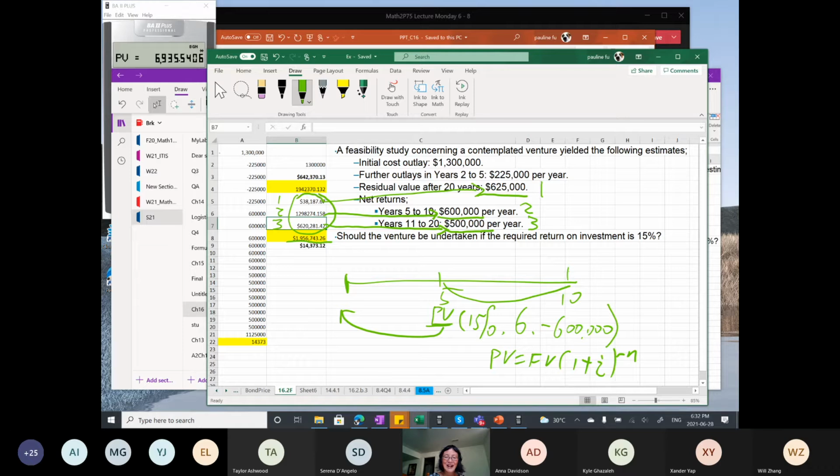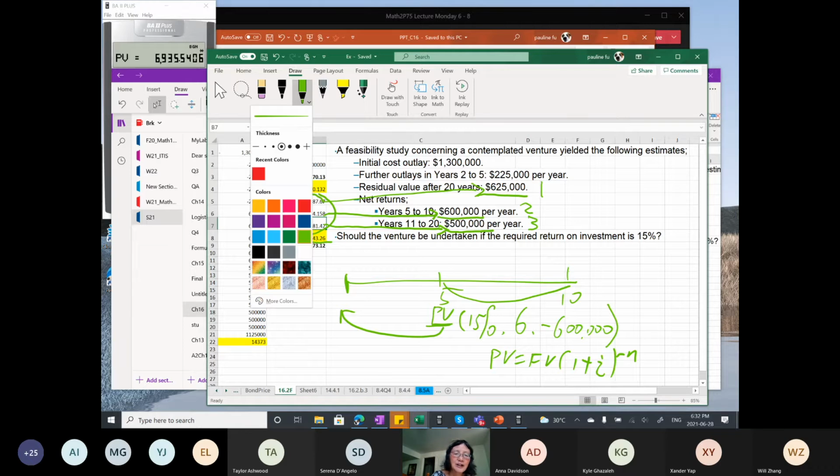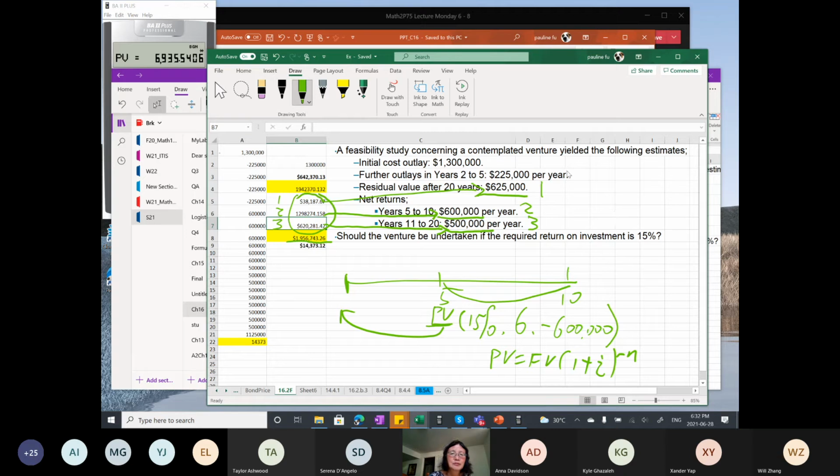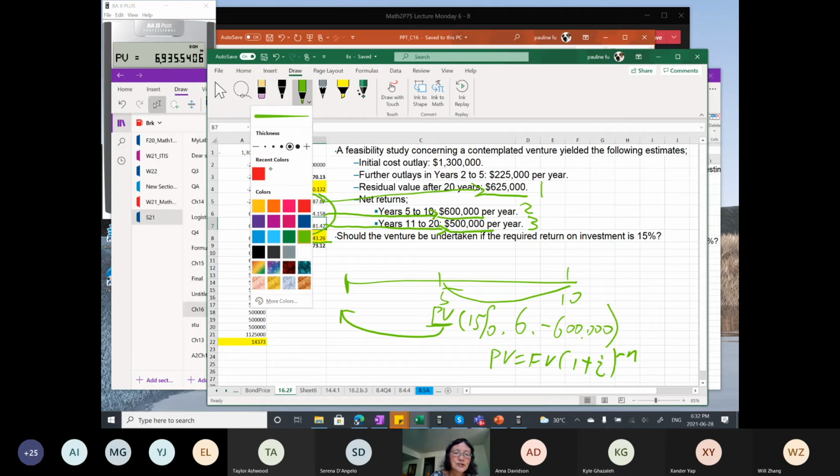I use the green color. Next, let's look at money outlay. I'm going to use red color.